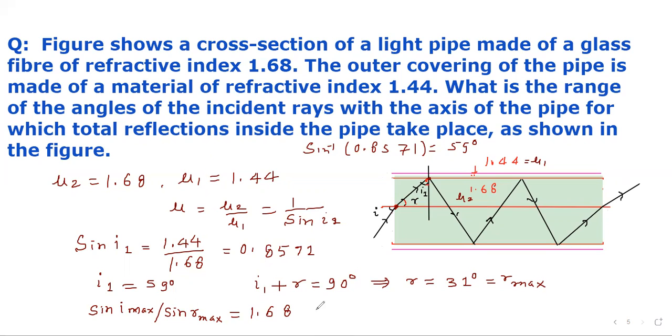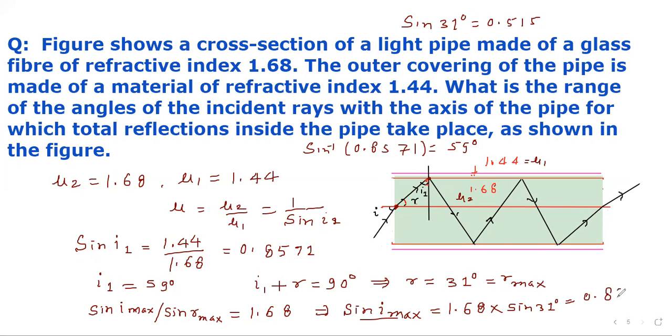Now, sine i max equals 1.68 into sine r max, that is sine 31 degrees. We are also given sine 31 degrees, which is 0.515. So if we put this value here, we will get sine i max equal to 0.8662.